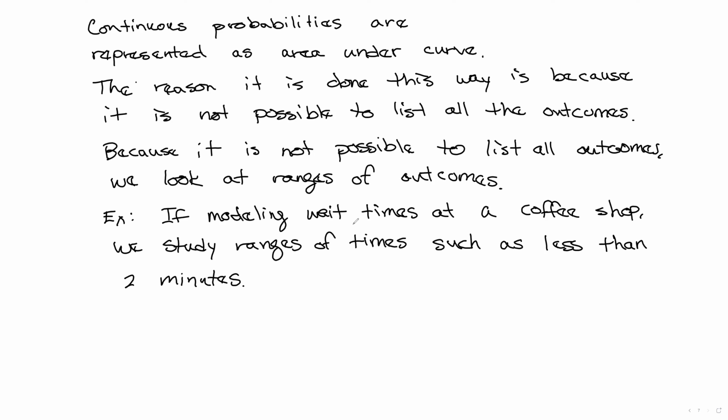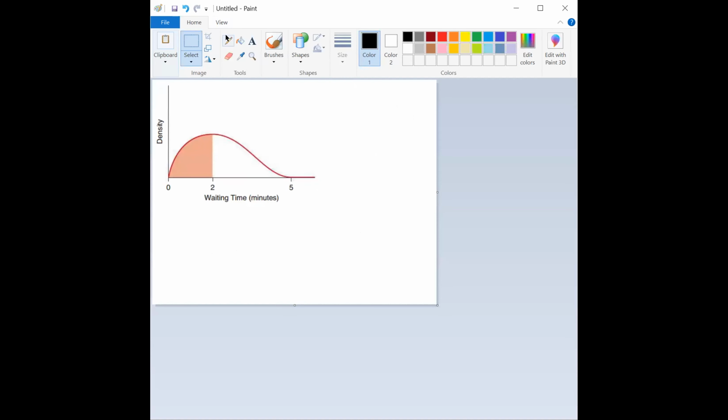All right, so let's look at an example of a continuous probability distribution. So this is what our probability distributions are going to look like. They're going to look like a graph. And this is modeling the wait times at a coffee shop.